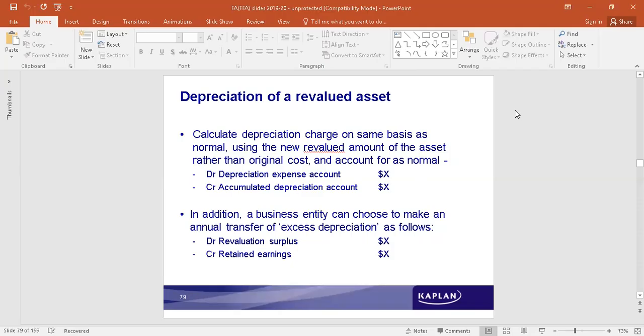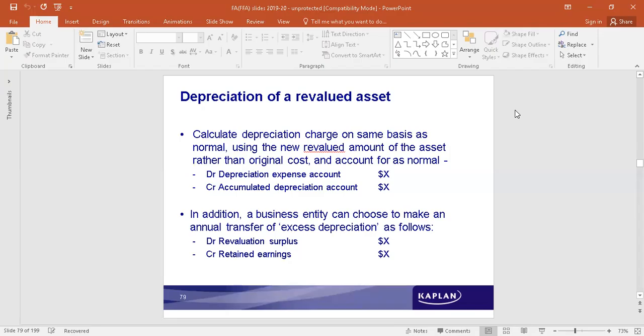Henceforth, under the straight line method, the percentage of depreciation will be calculated on 60,000. Under the written down value method, they start writing down from 60,000 and then provide the depreciation. The method of depreciation would be the same. Only the original base amount of the asset will change.